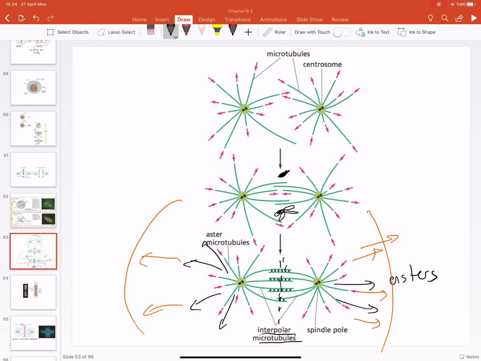Some of them are lucky enough to catch a chromosome. It is just like fishing. So all the microtubules grow. They are like fishing. Some of them can catch a chromosome. Some of them just catch each other. So this microtubule from here and this microtubule from here find each other and they become interpolar microtubules.